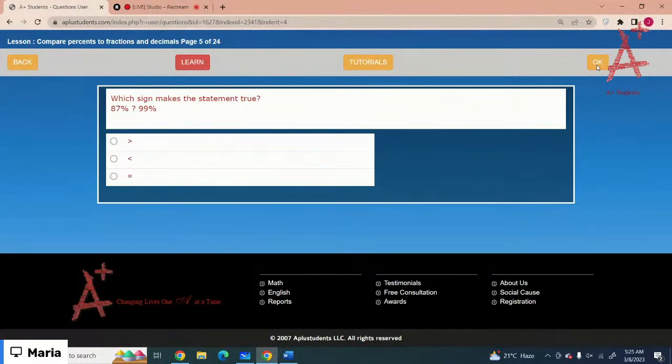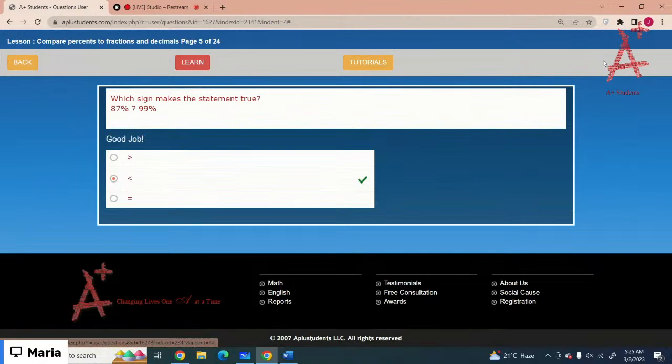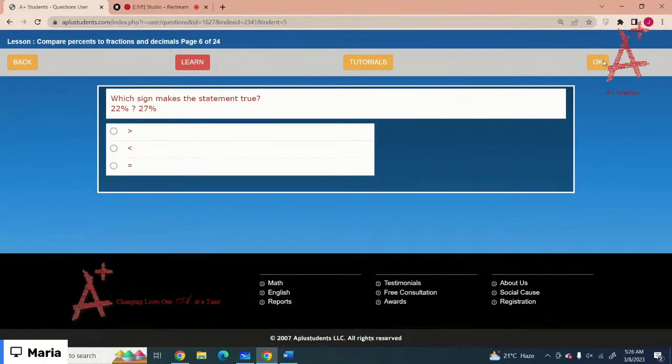Which is the correct option? 87% is less than 99%. 22% and 27%. So 22% is again less than 27%. Got it?